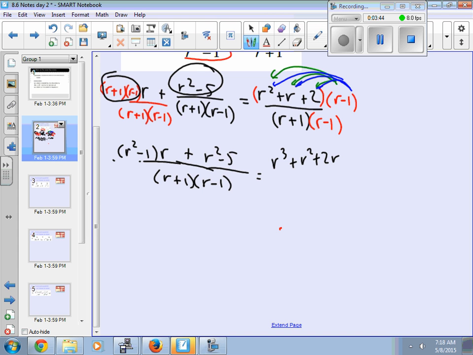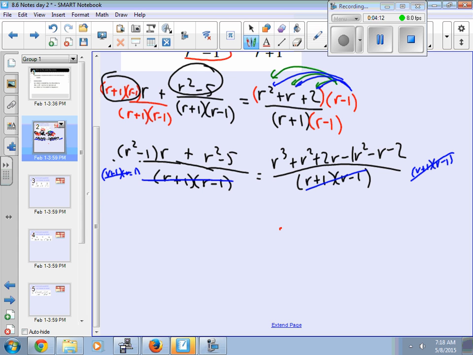If we multiply negative 1 to all of them, you get negative r squared minus r minus 2, all over this denominator. Now, once we have the same denominator on both sides, if we were to multiply by r plus 1 times r minus 1, that should cancel out.